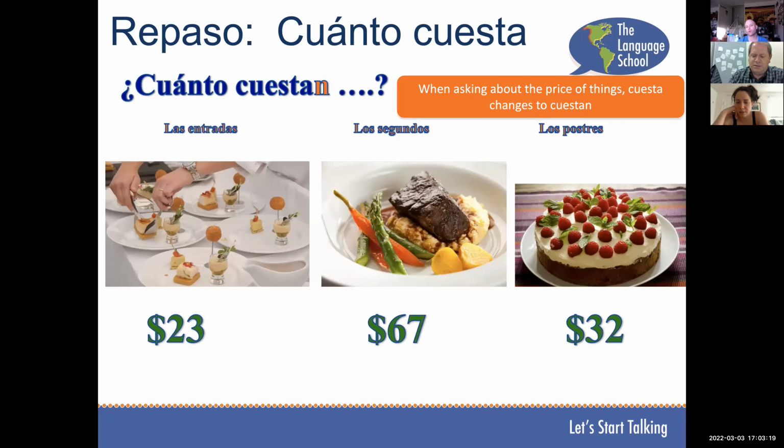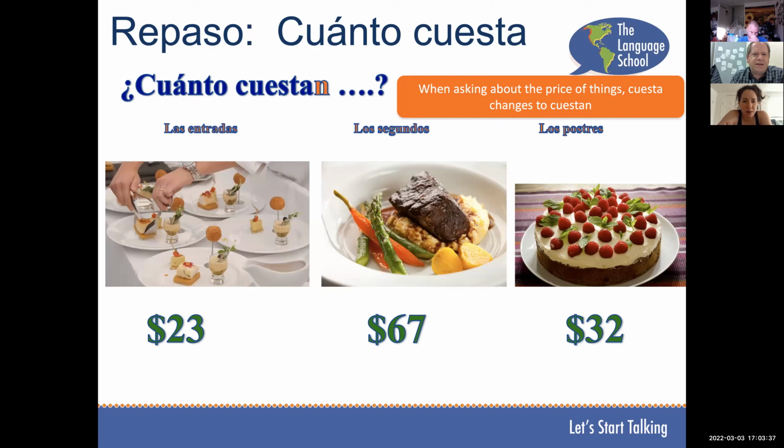Muy bien. Now, when we're asking about multiple things, we add an n to the end of the verb. ¿Cuánto cuestan? All right, so ask about these items now. ¿Cuánto cuestan las entradas?